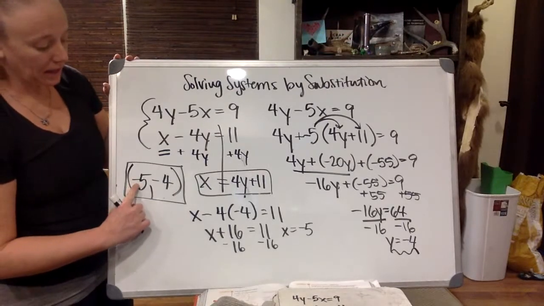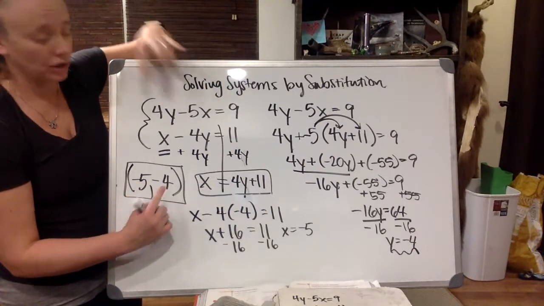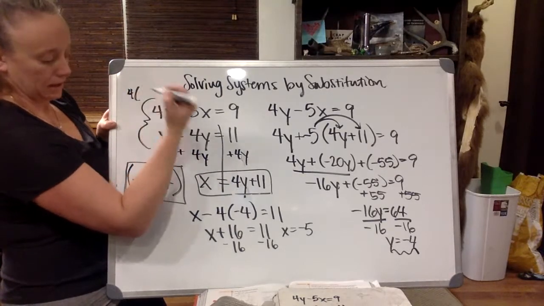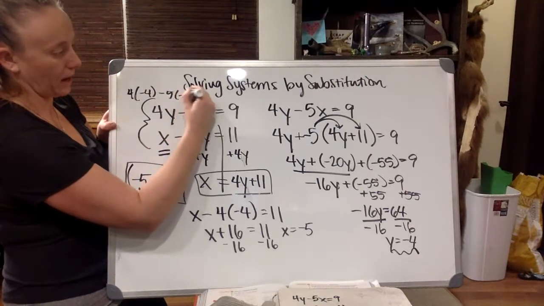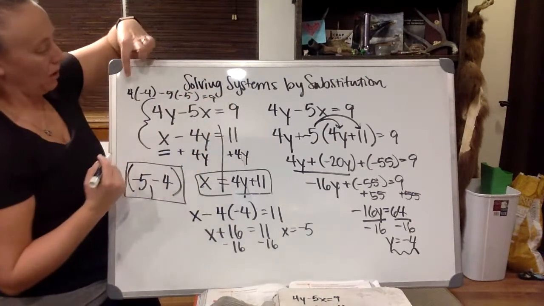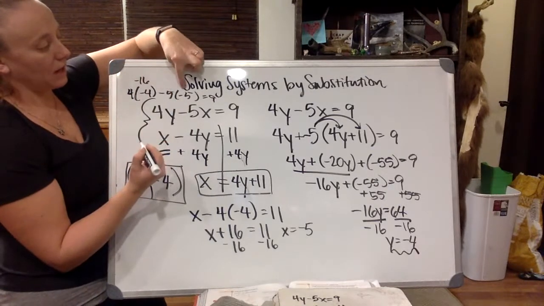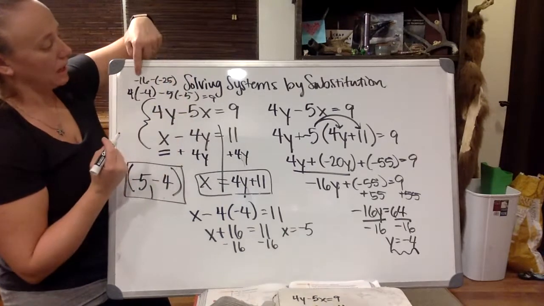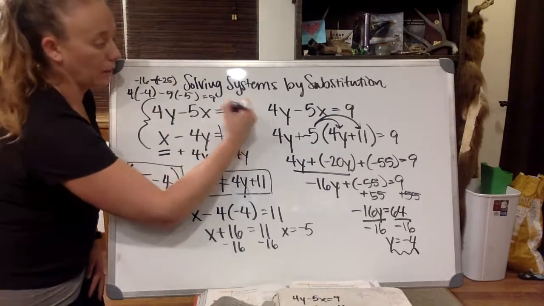So I'm going to put this negative 5 in for x and negative 4 in for y and make sure it all checks out. 4 times negative 4 minus 5 times negative 5, I need that to equal 9. 4 times negative 4 is negative 16. 5 times negative 5 is minus a negative 25. Negative 16 plus 25 is 9. Okay, so that one checks out.